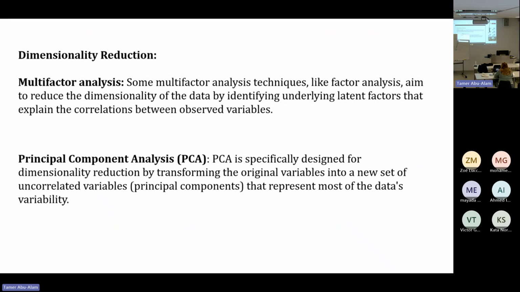Normally, the maximum number of principal components is equal to the number of variables that you have. If you have a database with 100 variables, you can get 100 principal components. If you have 1,000 variables, you can get 1,000 principal components.